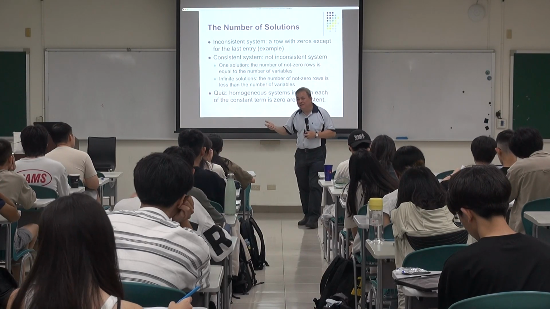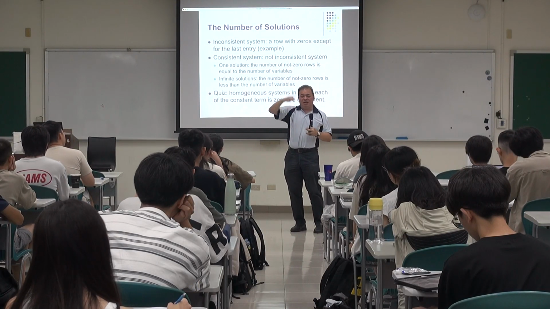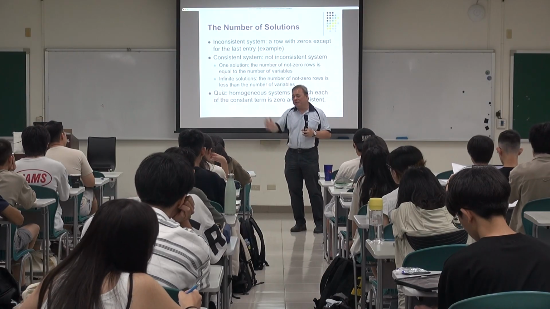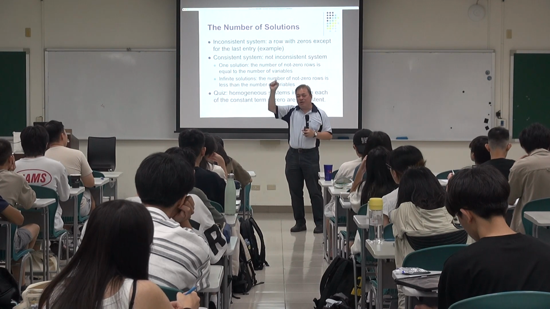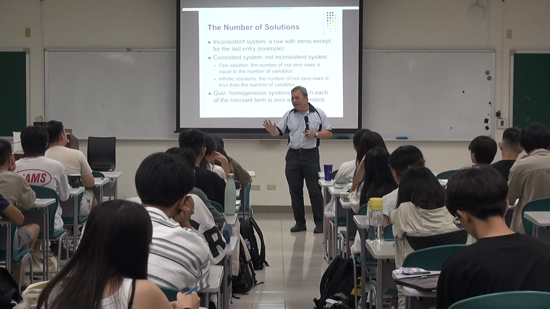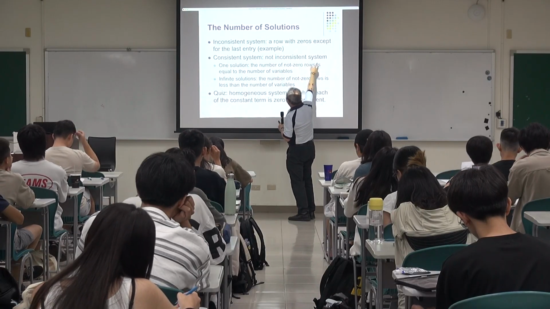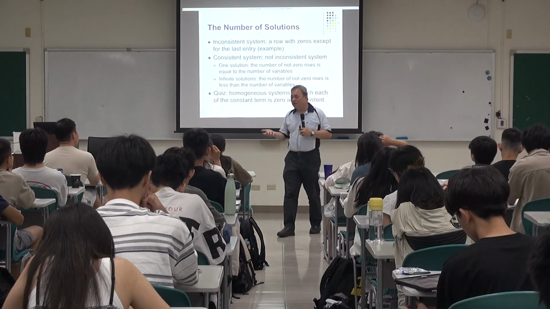It must be consistent because no matter how you use the elementary row operation, the right hand side is already zeros, right? So it is impossible for you to come up with a non-zero on the right hand side, right? So this inconsistent system situation never appears, right? It's not going to occur, right?